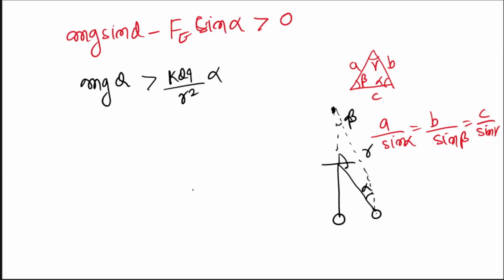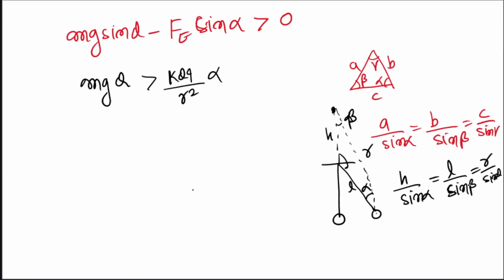Let's say this is R and this is H and this is L. So if you apply here, H by sin alpha is equal to L by sin beta, and then R by sin(180 minus theta), that is R by sin theta. Okay? So this thing we can do.